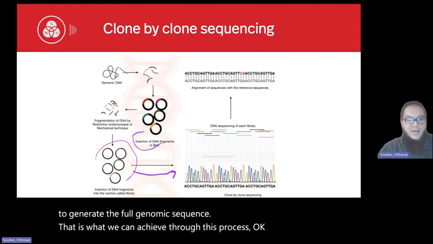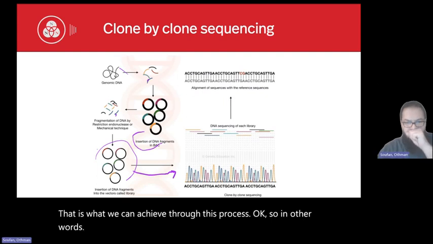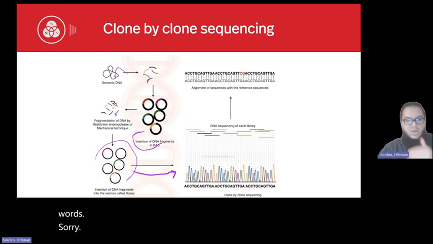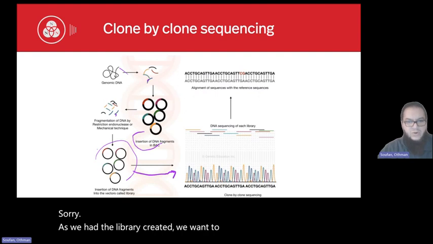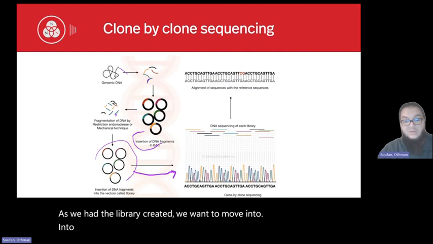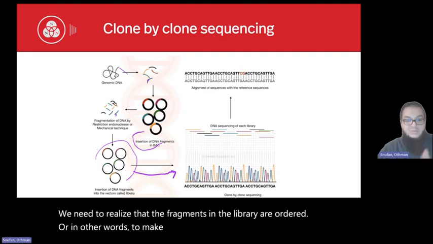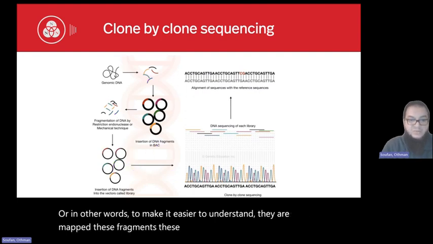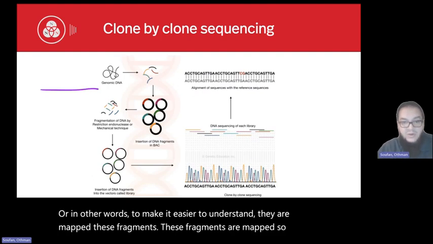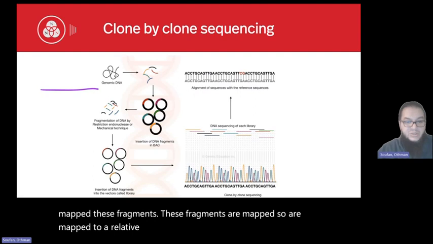In other words, as we have the library created, we want to move into ordering. We need to realize that the fragments in the library are ordered, or, to make it easier to understand, they are mapped relative to their position in the genome.